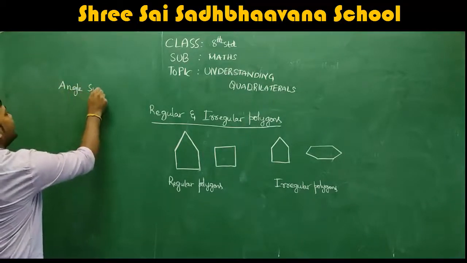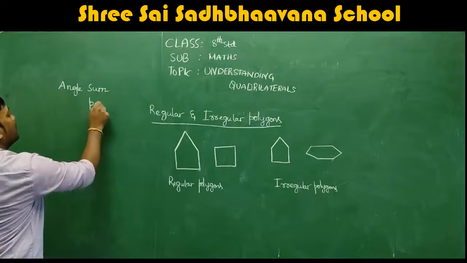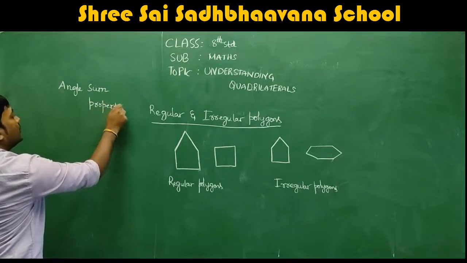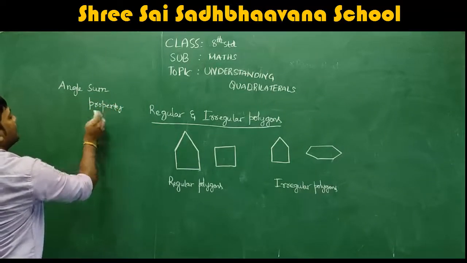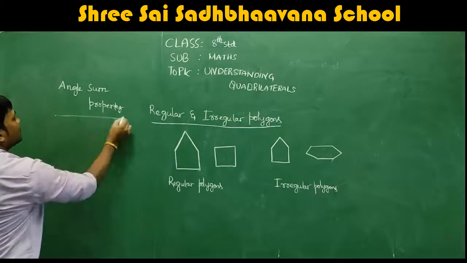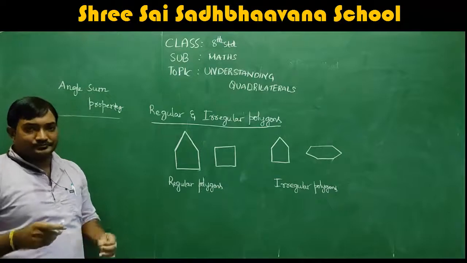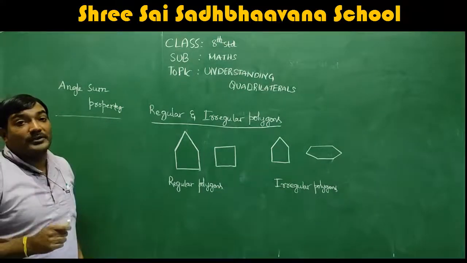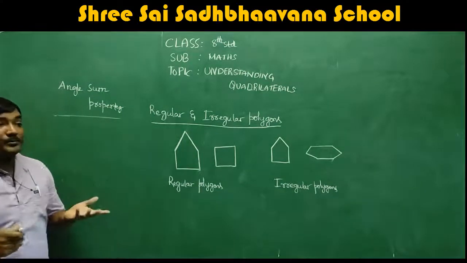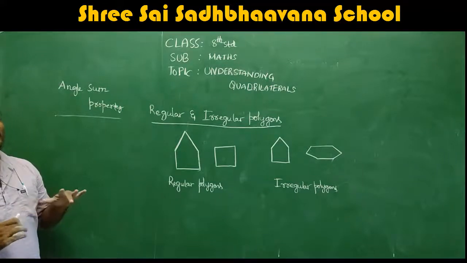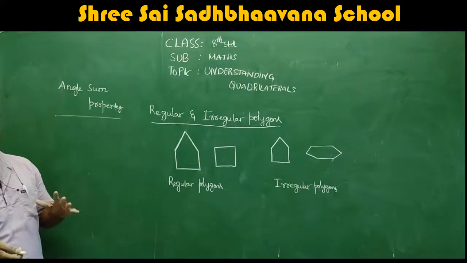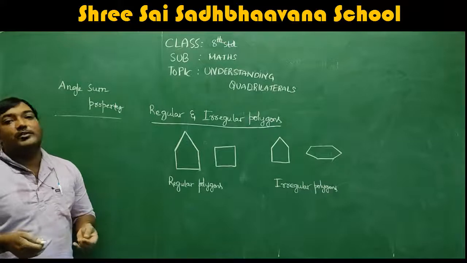Next, we will discuss the angle sum property. You might have studied this in the seventh standard. Angle sum property is nothing but the sum of angles: the total sum of all the angles present in a closed figure.